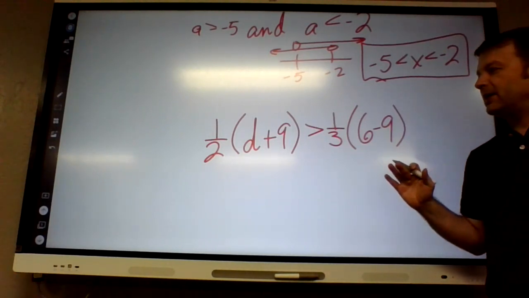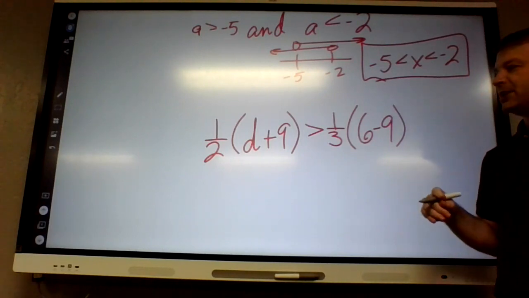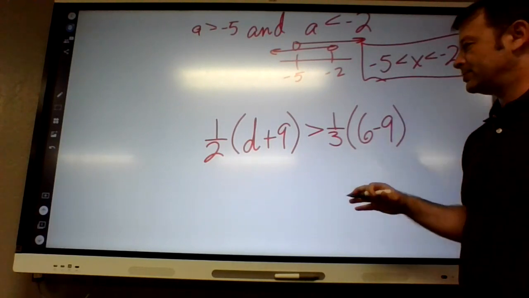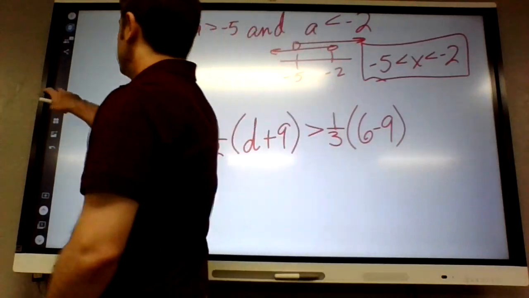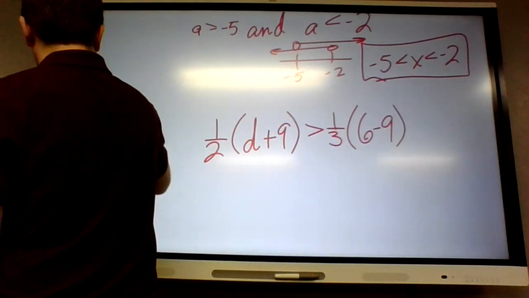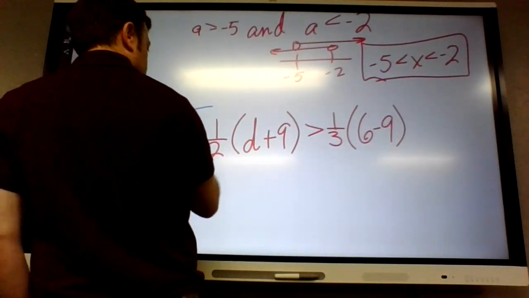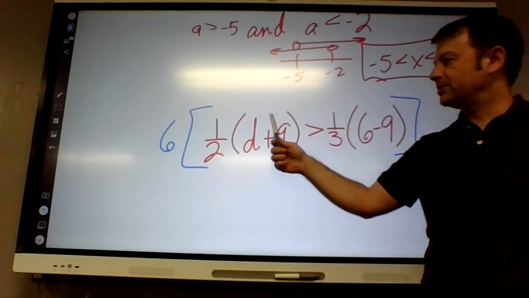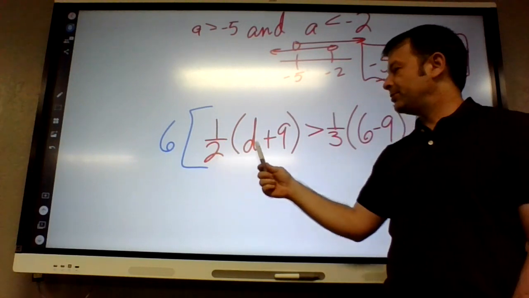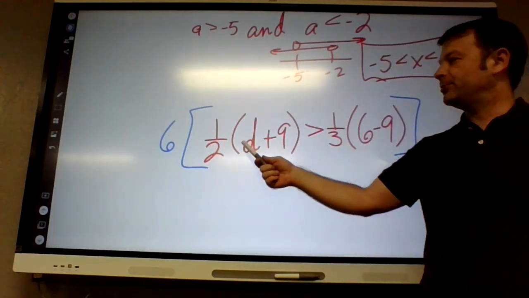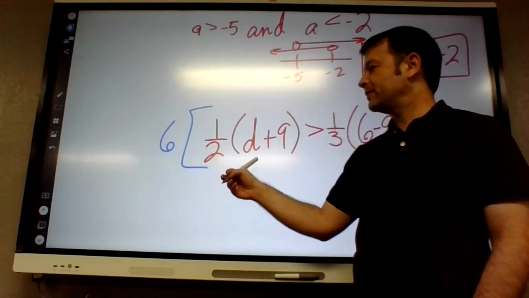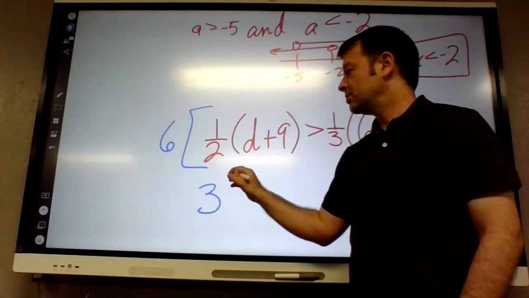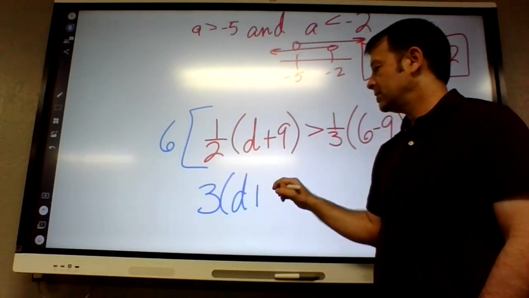Okay, I would multiply both sides by 6. You guys know why I would do that? 2 times 3 is 6, because 2 and 3 both go into 6, and when you multiply, what's 6 times a half? 3.